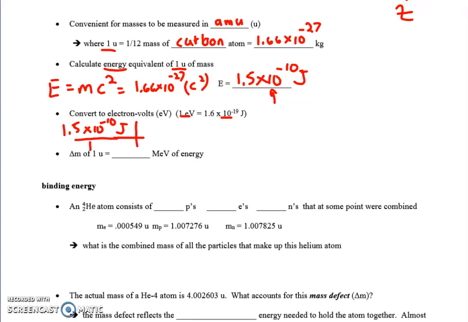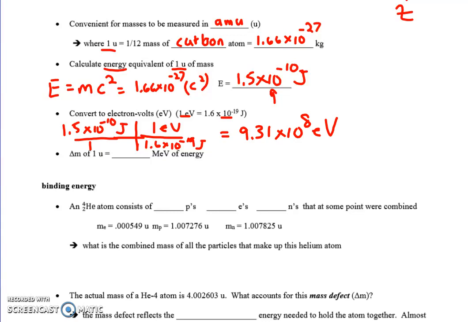And then I'm going to take my conversion factor. I'm going to put joules on the bottom so that the joules cancel out. And that's equivalent to 1 electron volt. So if I divide those two numbers, I get 9.31 times 10 to the 8th electron volts.